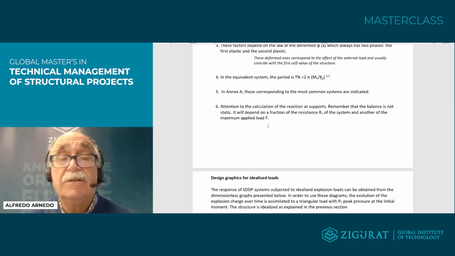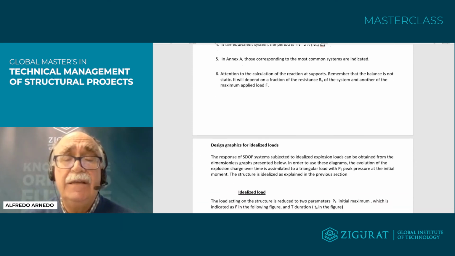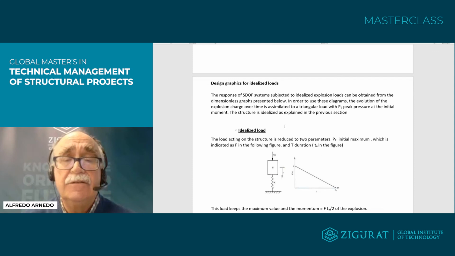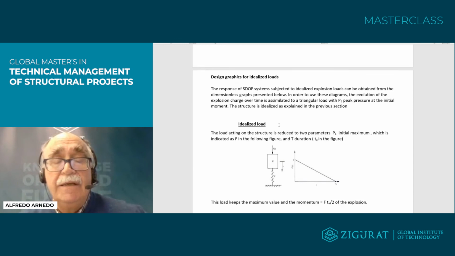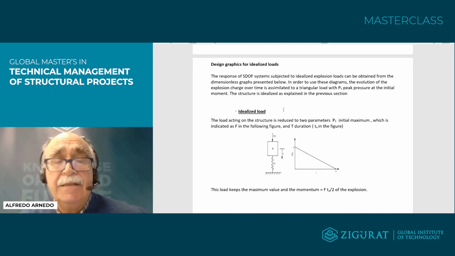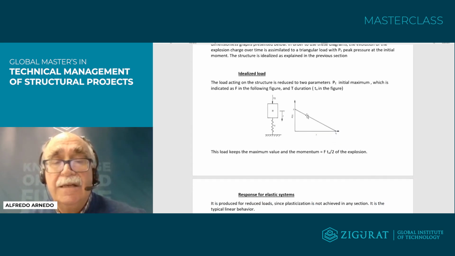You can find this also in the first references, references 1, 2, 3, and especially reference 8, the introduction to structural dynamics by Biggs. Well, the design graphics for an idealized load at the end is like this.